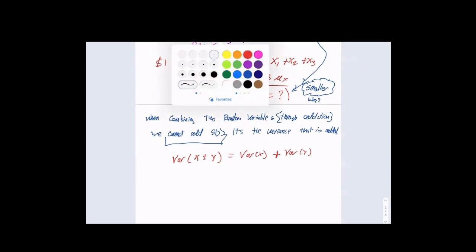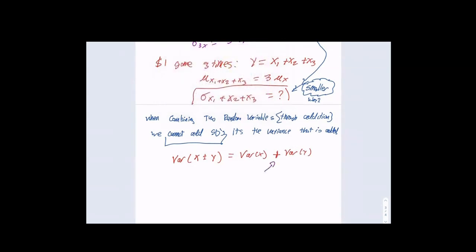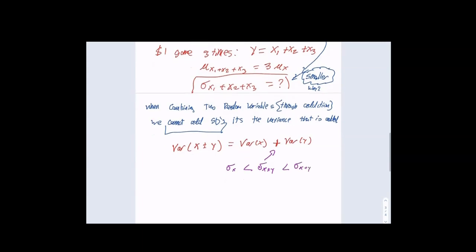So first and foremost, this is a very important piece right here. The standard deviation of x plus or minus y will always be greater than the standard deviation of x, but less than the standard deviation of x plus y. So what I mean here is that you cannot get a negative standard deviation.